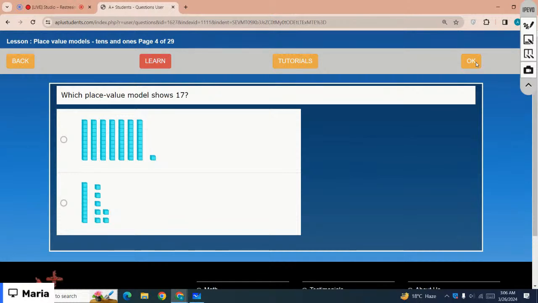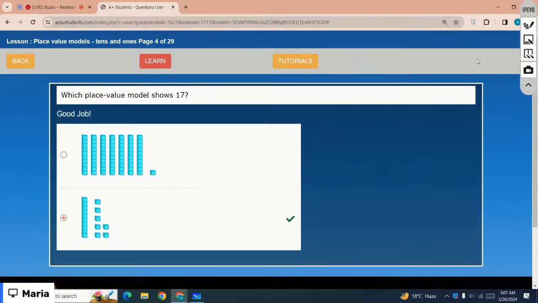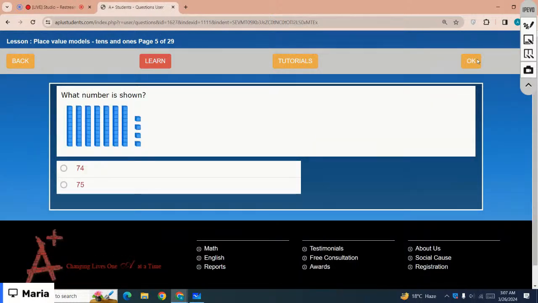So which is the correct option? That is 7 ones and 1 ten. Option number 2 is the correct option.